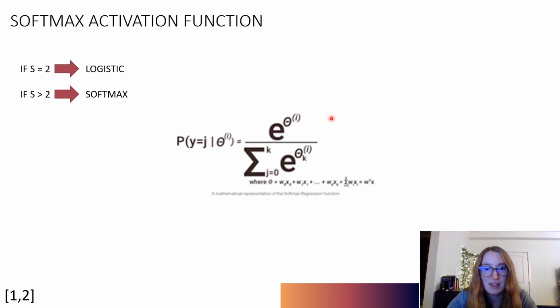In this case, theta is equal to the transpose of the weights matrix, W, multiplied by the feature matrix. It's important to keep in mind that the goal of using an activation function to begin with is to determine if the trained set of features belong to a particular class.